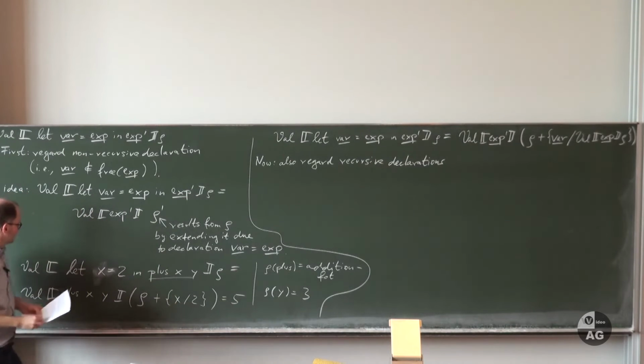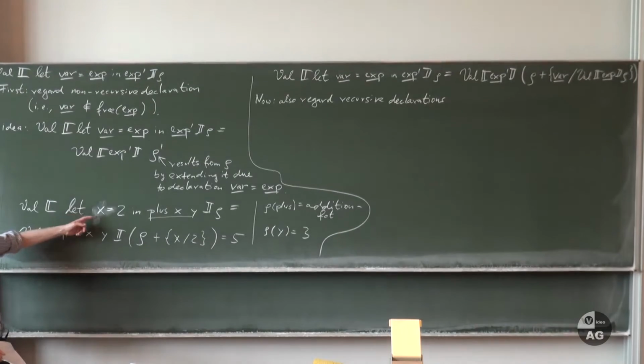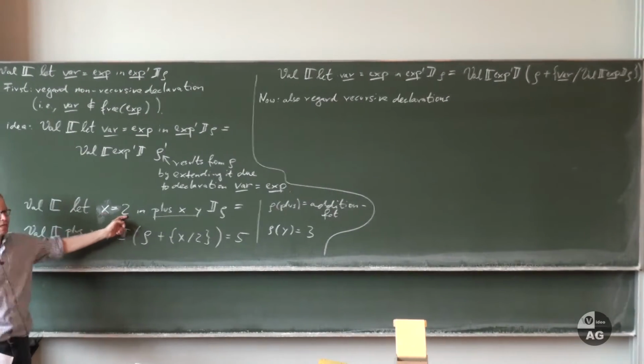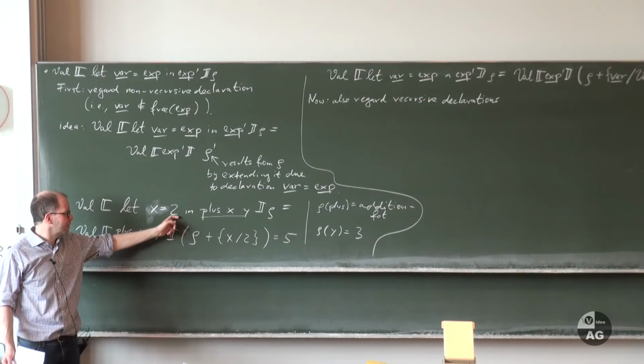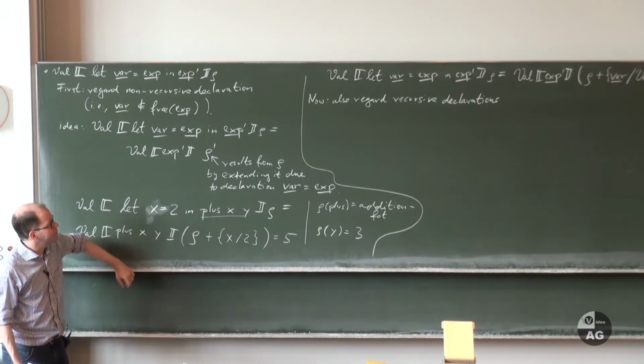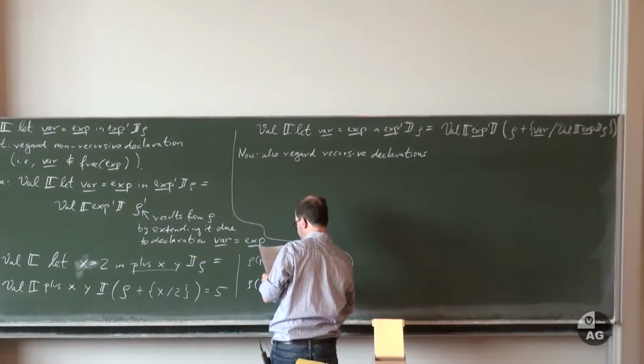Okay, this was a non-recursive declaration because x is on the left-hand side, but x does not occur on the right-hand side here. We had just the number 2. So we knew the semantics of 2 before, and then we can assign the semantics to x in the new environment. If we have recursive definitions, then this is not so easy anymore.